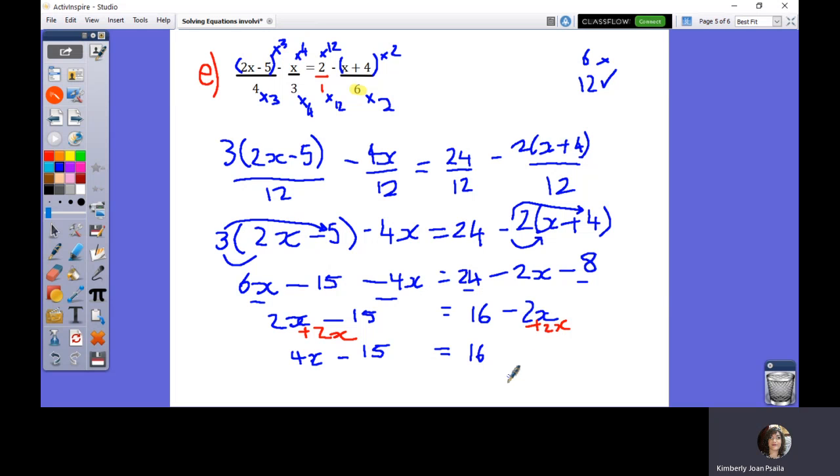This minus 2x plus 2x, they cancel each other out. Now we can add 15 on both sides so that I remove 15 from here and get it to this side. So we have 4x, this cancels out, is equal to 16 plus 15 gives us 31.